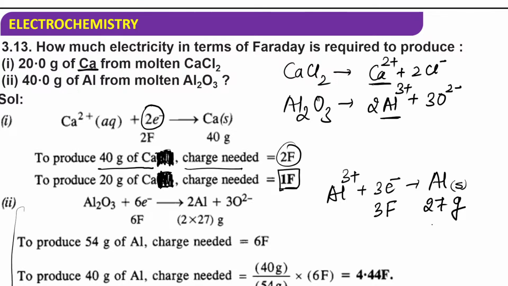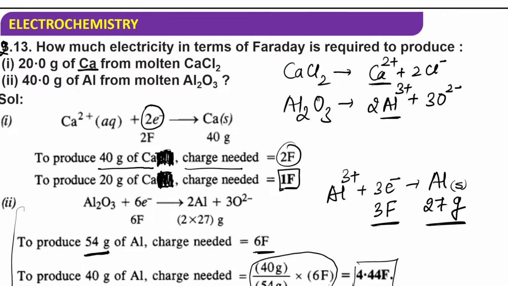So to deposit 27 gram, we need 3 Faraday of electricity, or to deposit 54 gram, charge needed is 6 Faraday, and to deposit 40 gram of aluminium, charge needed is 40 divided by 54 into 6. So it is 4.44 Faraday. So that is NCERT exercise question number 13.